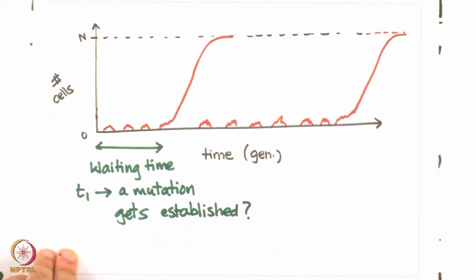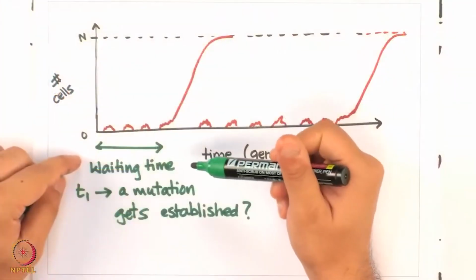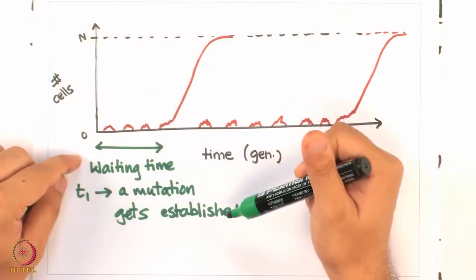Remember, a mutation getting established is referred to as the number of individuals which belong to that particular genotype exceeding 1 by S, where S is the selection coefficient associated with that particular mutation. So, what is the time that is associated with a mutation getting established?